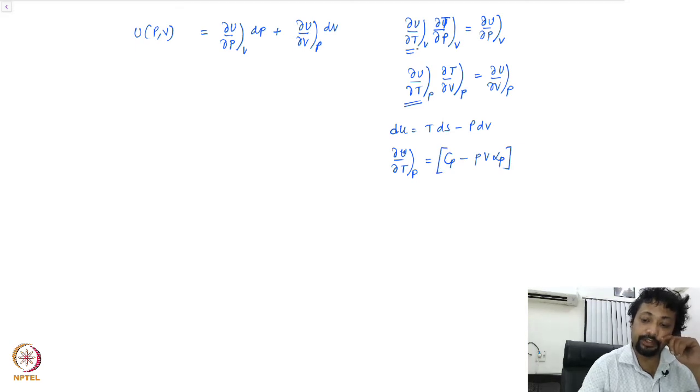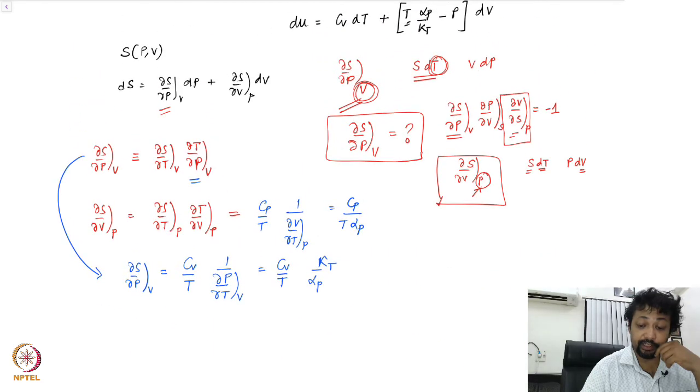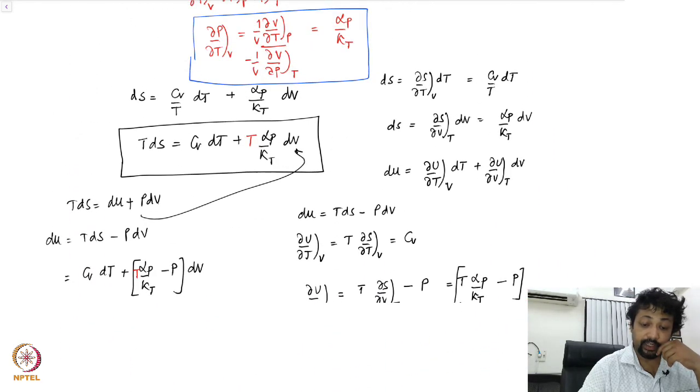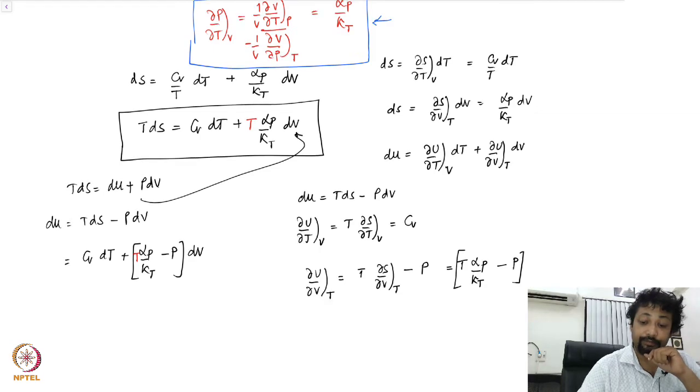And this one is straightforward, I know this is going to be Cv del t del p volume constant is equal to del u del p volume constant, but del p del t we have again calculated here. We have again calculated del p del t volume constant as this, alpha p over kappa t.